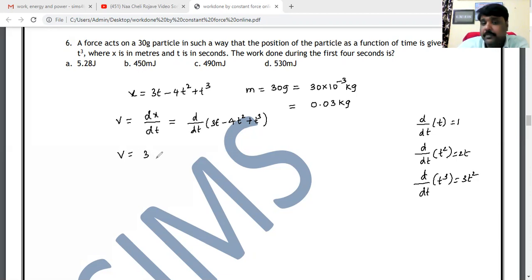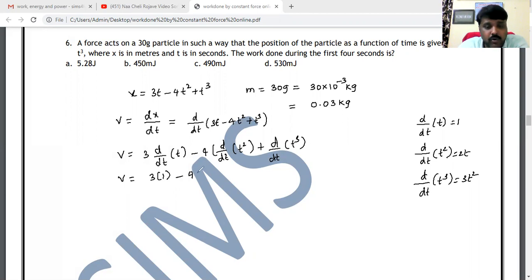Now here let us find the velocity. 3, if I keep it outside because it is a constant, d by dt of t minus 4 into d by dt of t square, and plus again d by dt of t cube, that is v equals 3 into 1 minus 4 into 2t plus 3t square.